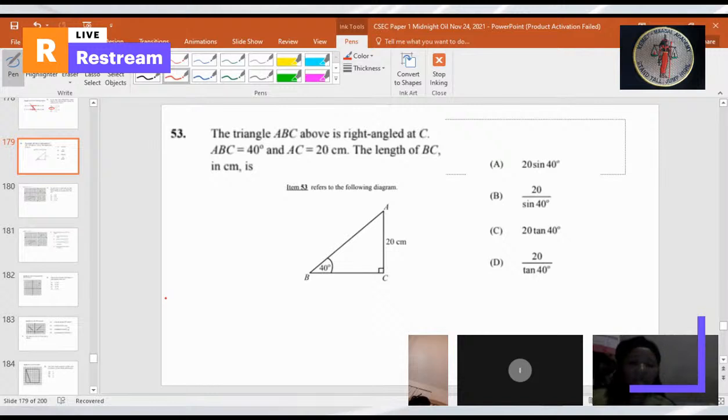Based on where the angle is, how would we describe BC compared to the angle? This is the adjacent side of the angle. So it's adjacent to the angle, and we know the opposite. We know the opposite, we want the adjacent. So which of the trig ratios is that?